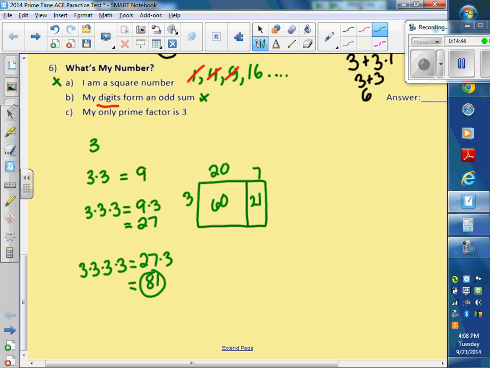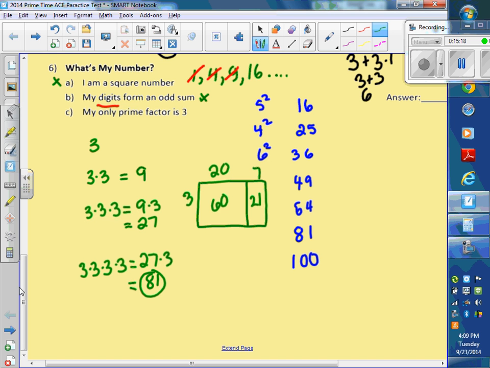If that was a hard method for you, I would just continue the list of square numbers. 4 squared is 16, 5 squared is 25, 6 squared is 36, 7 squared is 49. 8 squared is 64. 9 squared is 81. 10 squared is 100.